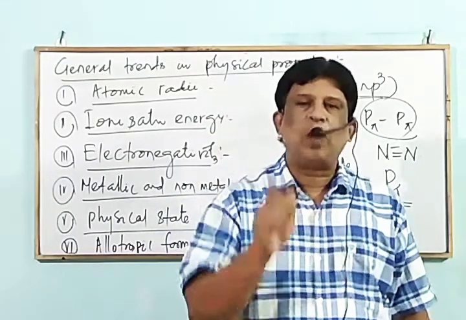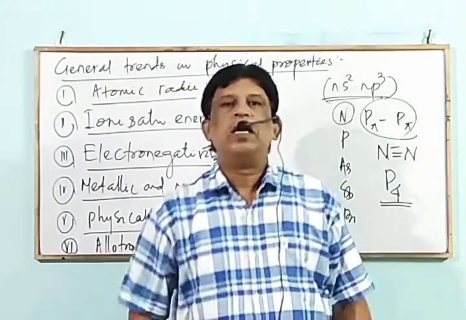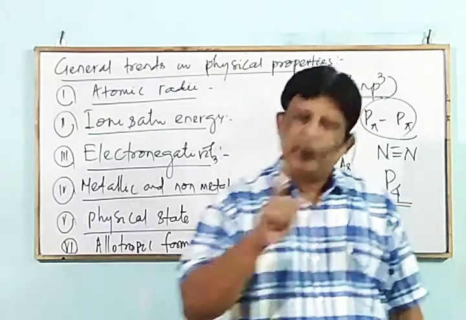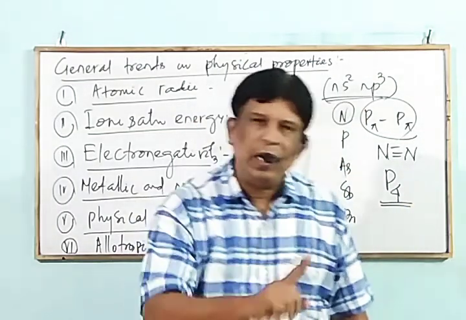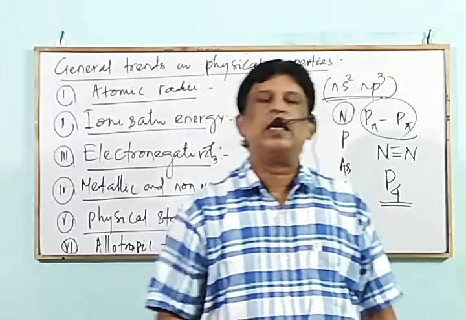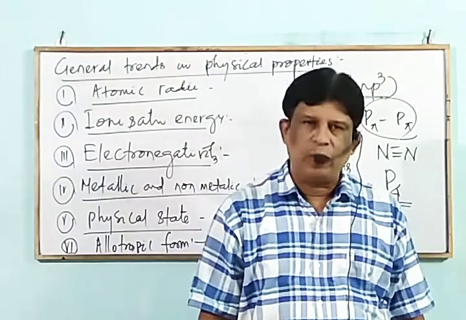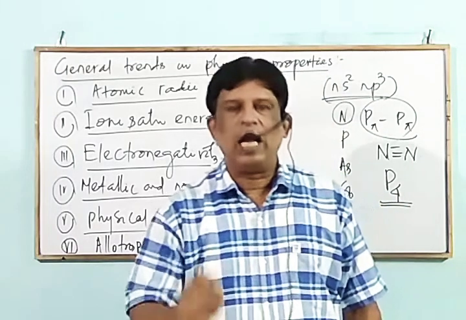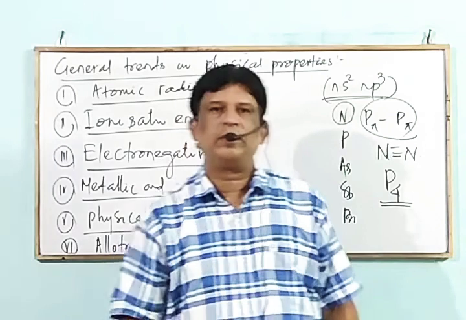The various forms of the same element, having similar chemical properties but different physical properties, are known as allotropes. And the phenomenon is known as allotropy.